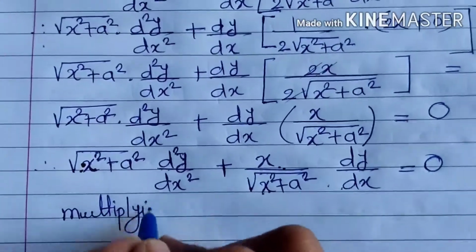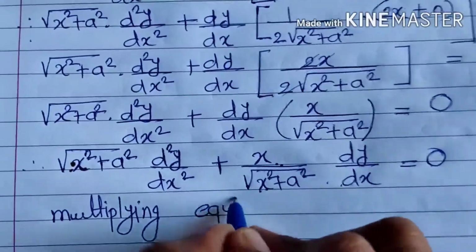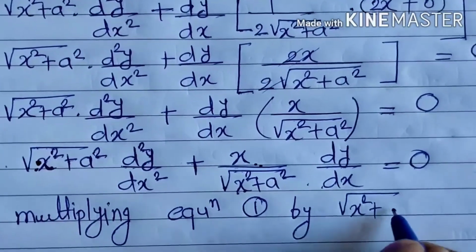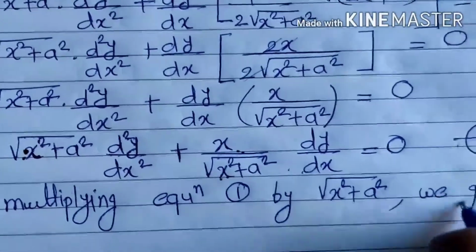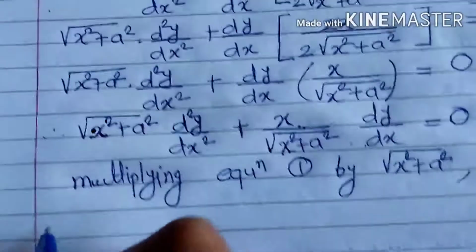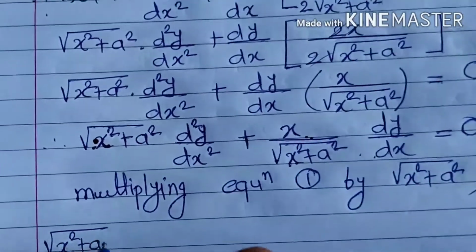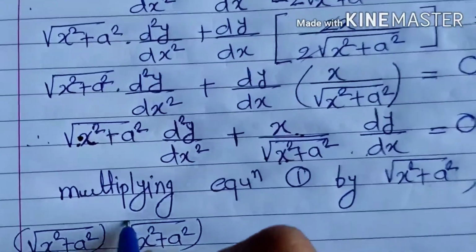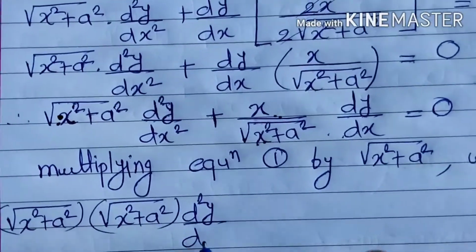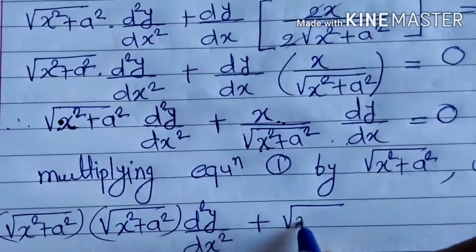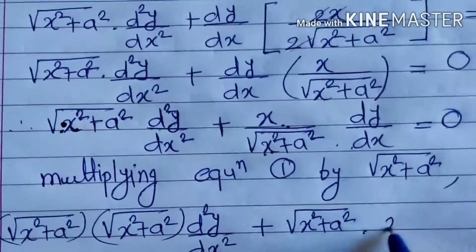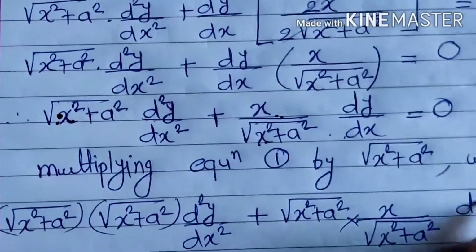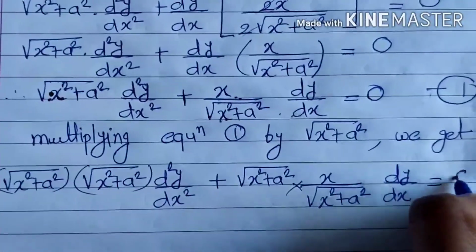Multiplying equation first by under root of x square plus a square, we get, when we multiply it, x square plus a square, and this over term x square plus a square into d2y upon dx square plus this multiplied by under root of x square plus a square, and this over term x upon under root of x square plus a square into dy by dx, which is equal to 0.